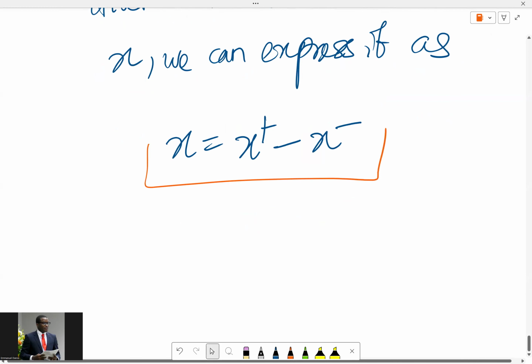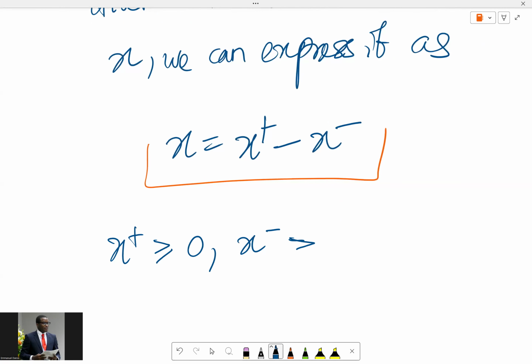The x plus part is greater than or equal to 0. That's the non-negative part of x. The x minus part is the non-positive part of x, often considered as a debt or negative quantity, which should be less than 0.